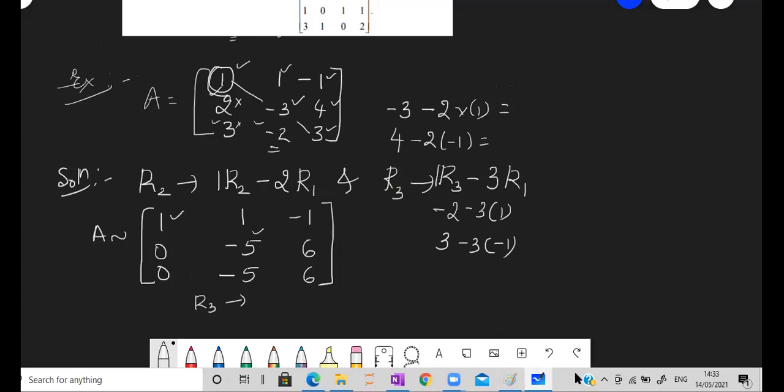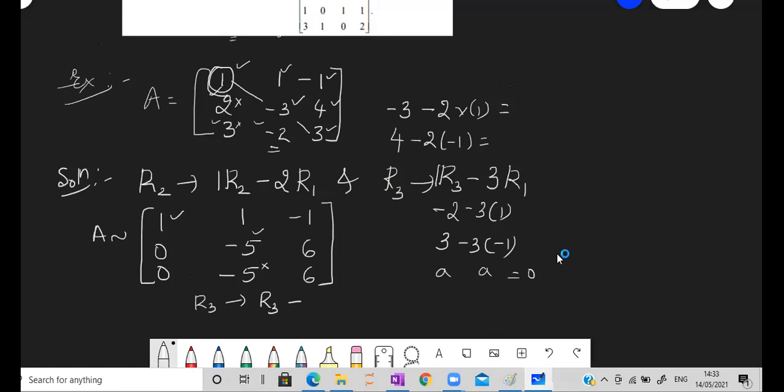So the third row operation is R3 minus something. I want to reduce this -5 to 0 with the help of -5 only. They are the same. If two numbers are the same, like A and A, how can I make it 0?